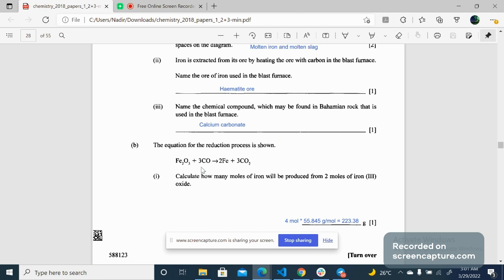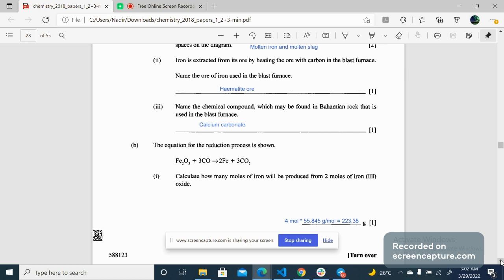This treatment of iron 3 oxide is being done by carbon monoxide. Now we have been given this equation, and we have been asked to find the number of moles of iron that are being produced this way.